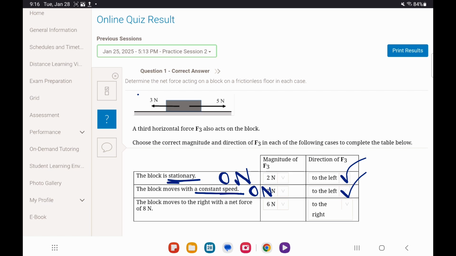Now, this is how I understood this. The block moves to the right with a net force of 8 newtons. So to the right, which is this side, and it's 8 newtons. Whatever we add here, we also need to add here. How much are we going to add to make it 8?